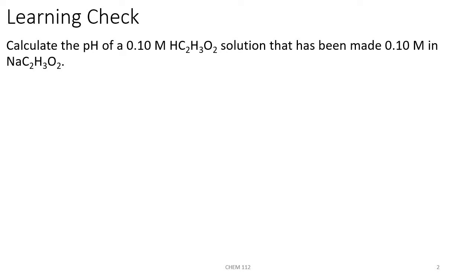So what this means is we have our weak acid dissociation that we can write. Acetic acid, we know, will dissociate into hydrogen ion and acetate anion, C2H3O2-.